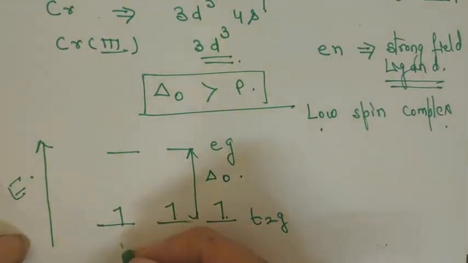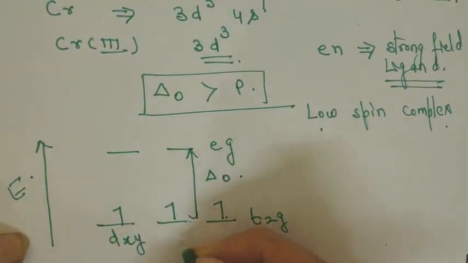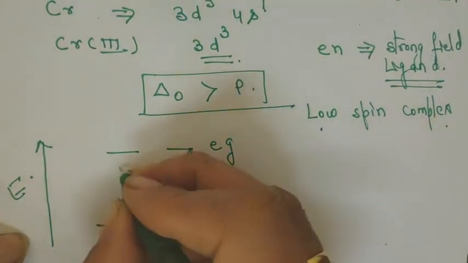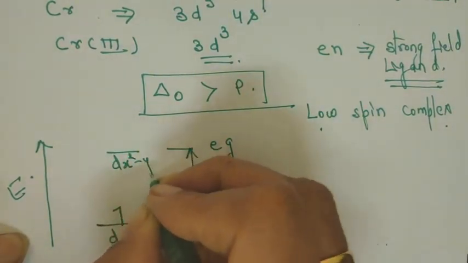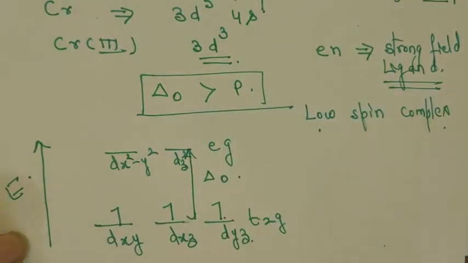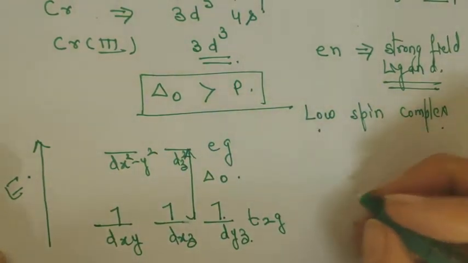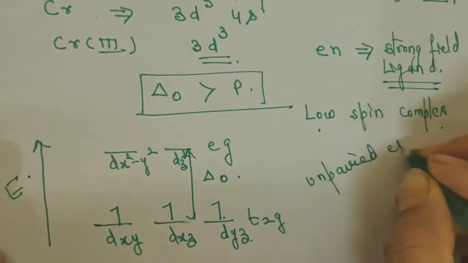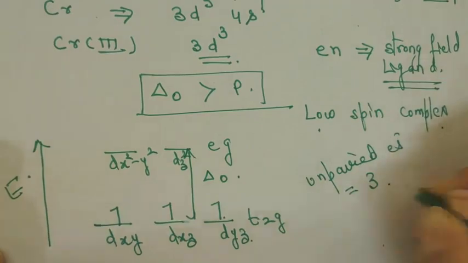So this orbital is dxy, this is dxz, and this is dyz, and this is dx square minus y square and dz square. This is the energy level diagram. How many unpaired electrons are present? Number of unpaired electrons is equal to 3.